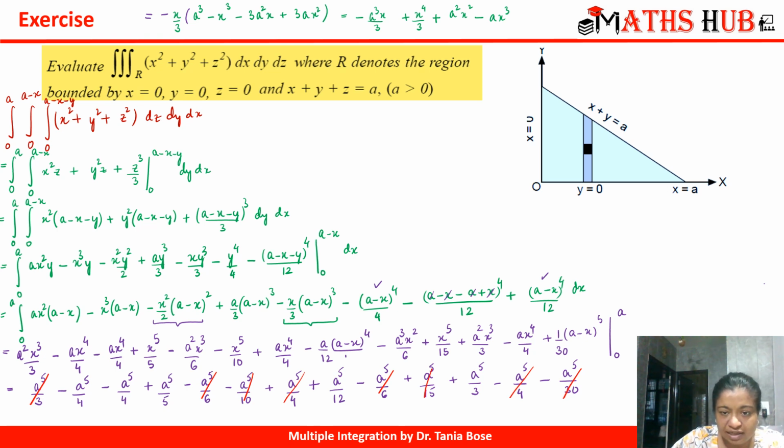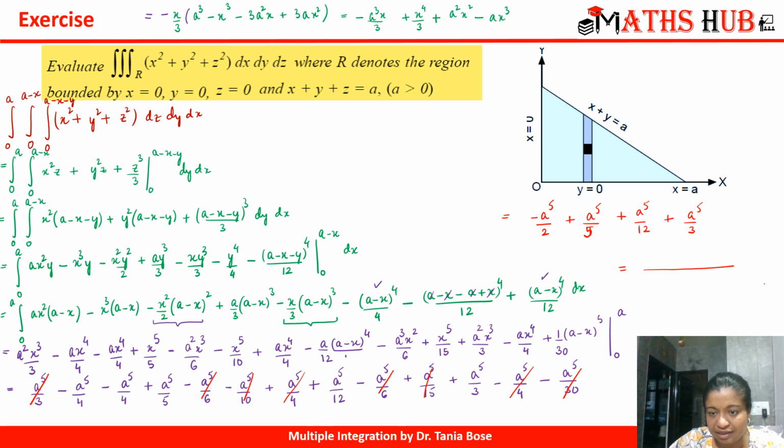When you simplify these terms we have minus 2a to the power 5 by 4, that is a to the power 5 by 2, then we have a to the power 5 by 5, this is left, and then we are left with a to the power 5 by 12 and a to the power 5 by 3. If I check these terms, I can simplify these two terms together. So I will get 5a to the power 5 by 12.